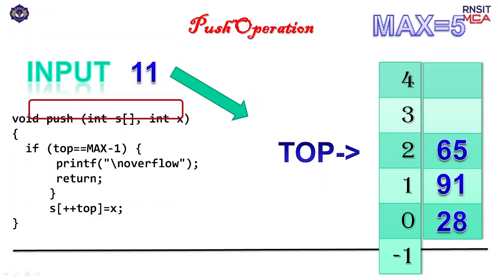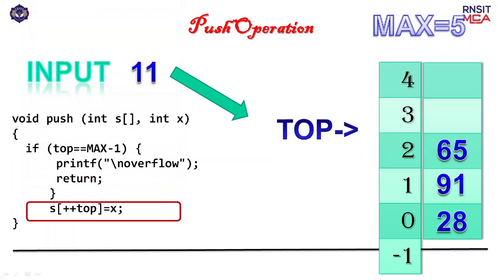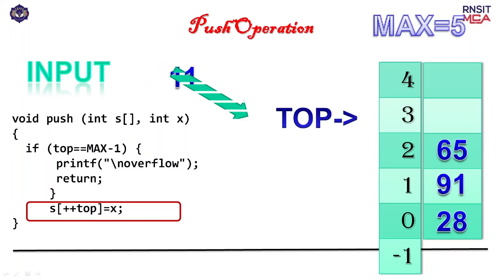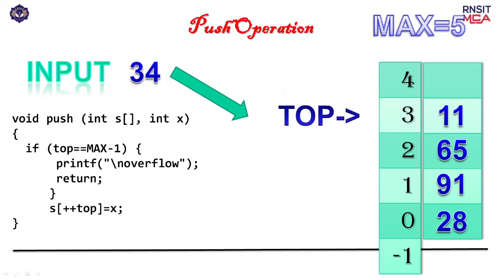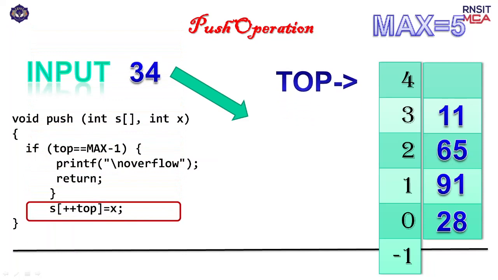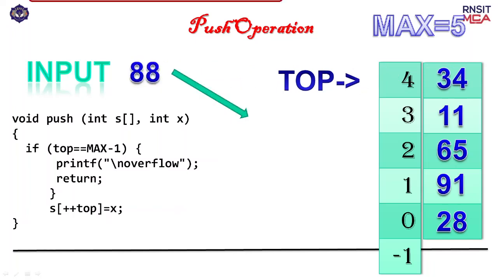Top is not at max - 1, so increment the top. Then you store the value X into the stack. Same way, next 34. You check whether top has reached the maximum. No. Top plus plus, first increment the top, then you store the value of X into the stack. Yes, stored.